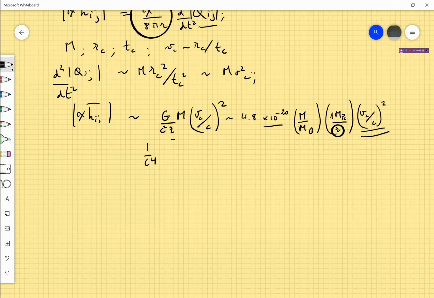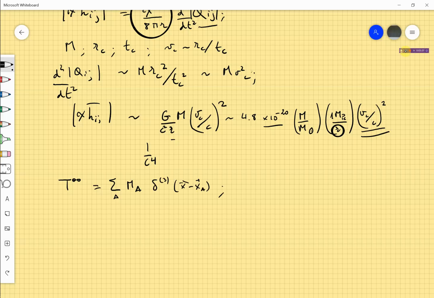We can start with the energy momentum tensor, which in this approximation will be a sum over the masses of all these particles or stars, with delta functions.